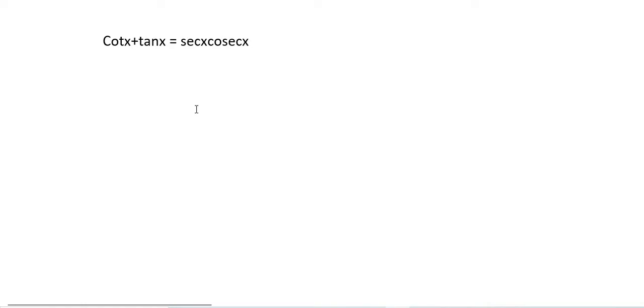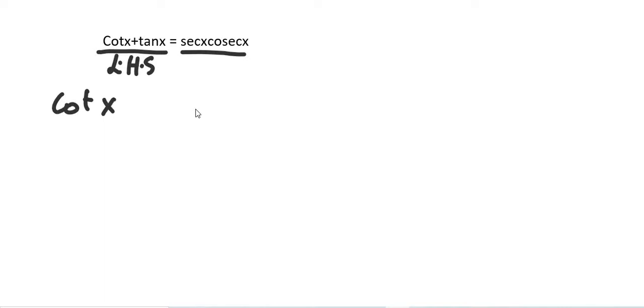Hello friends, in this video we have to prove that this expression is equal to this expression. To do that, I will use the left hand side. So I have cot x plus tan x.